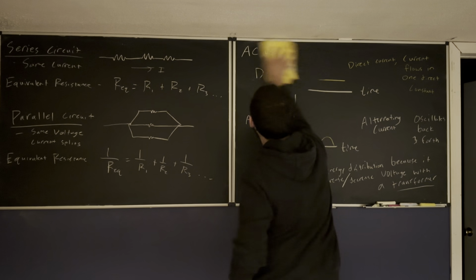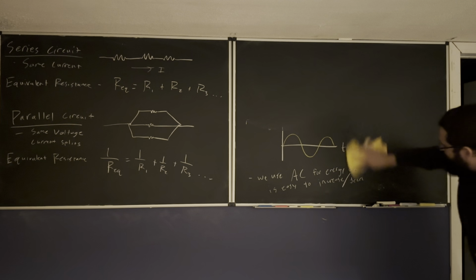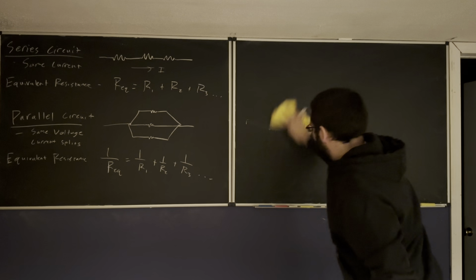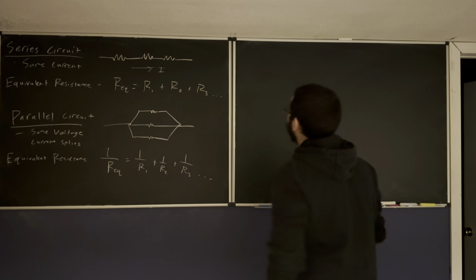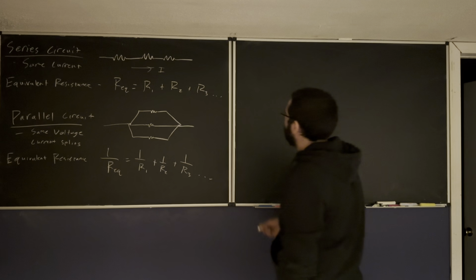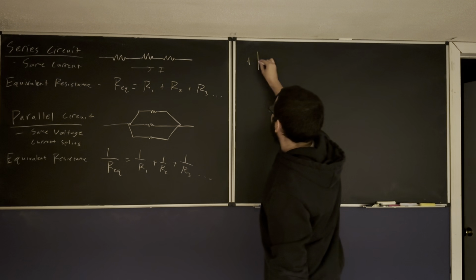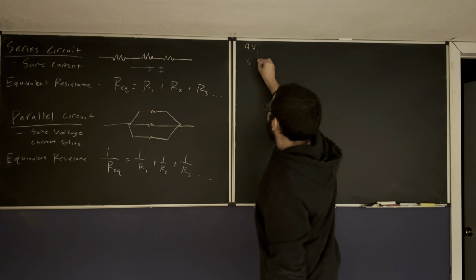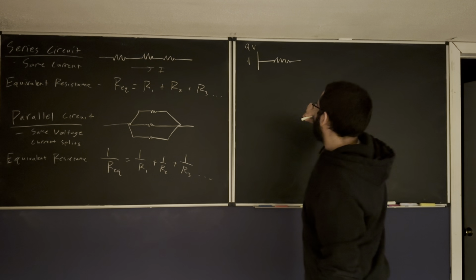So I'll do a similar example to the one in class, but I'll work through it step by step and have slightly different numbers. Okay, so let's see, what's an interesting circuit? Say we have a 9-volt battery, and we'll have one resistor in series.